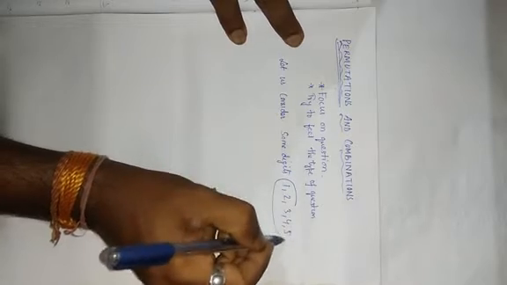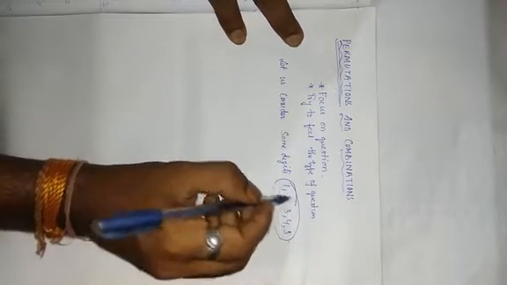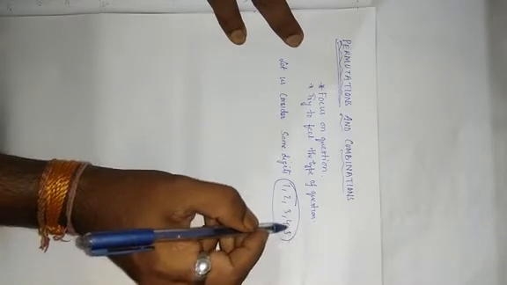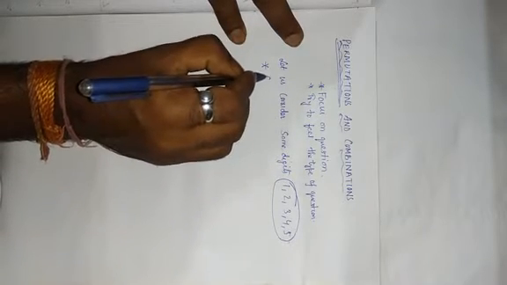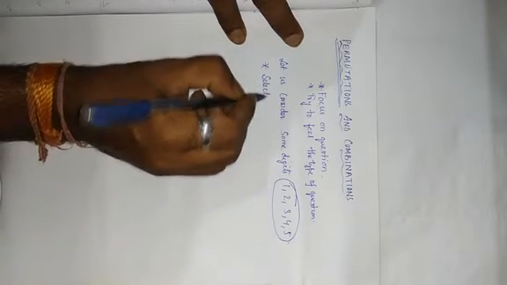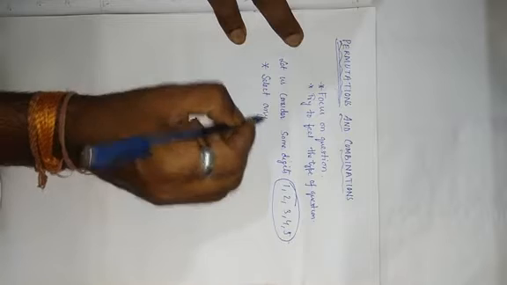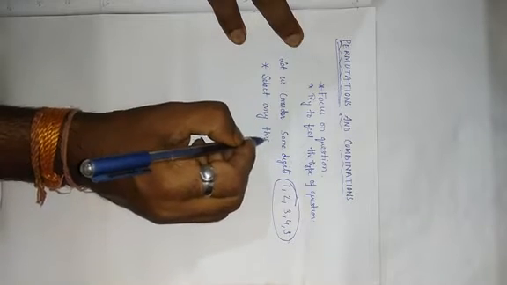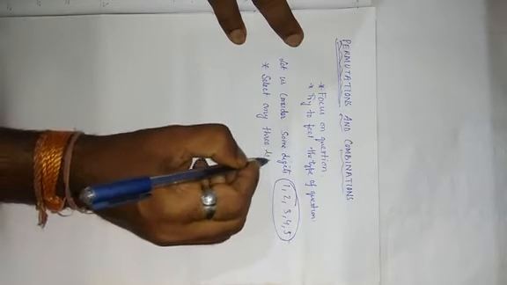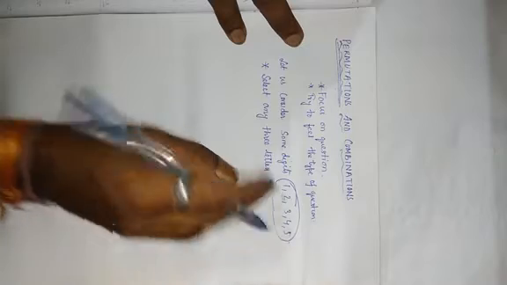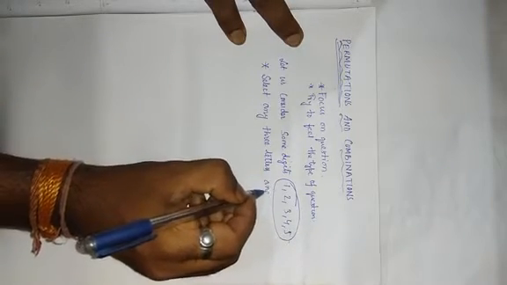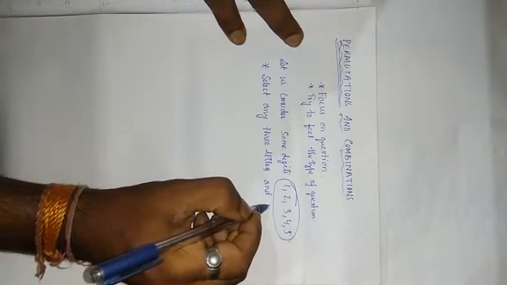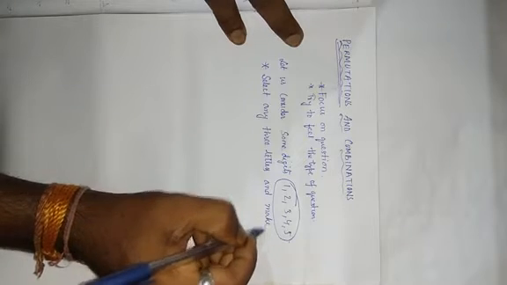What are the numbers I have told? I told you to take 1, 2, 3, 4 and 5. My question is to select any 3 letters and make words.